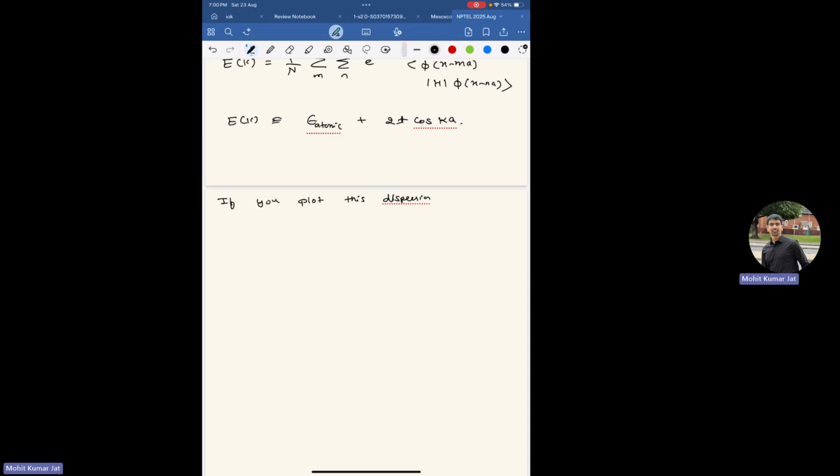Your first term is constant, but if you plot energy versus k, E versus k, the first one will be somewhere like this. And if your gamma is positive, then it will be somewhere like this.